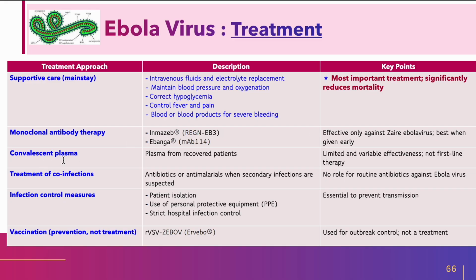For convalescent plasma, this is from a patient that has recovered, so you give the plasma to the patient from a patient that has already recovered. This is not the first line drug, so it has to be considered by the staff.